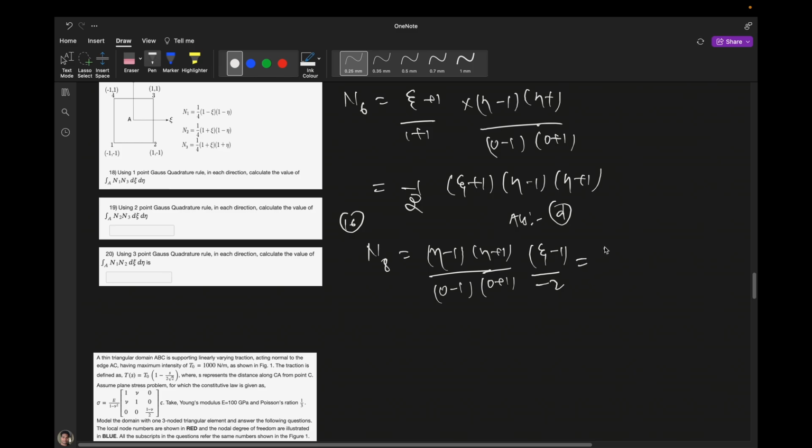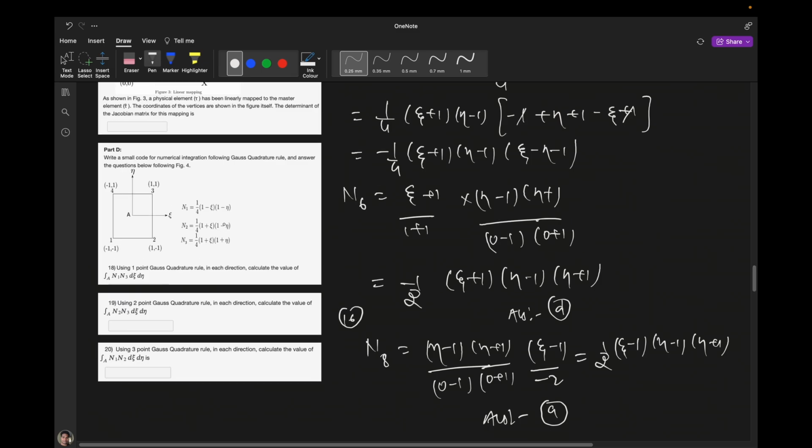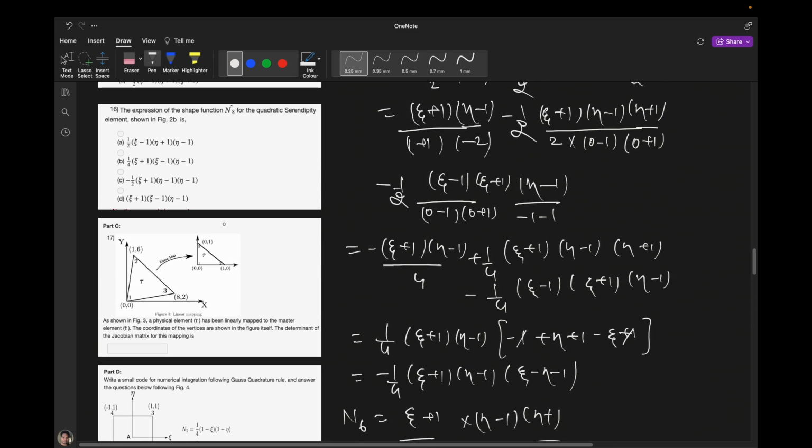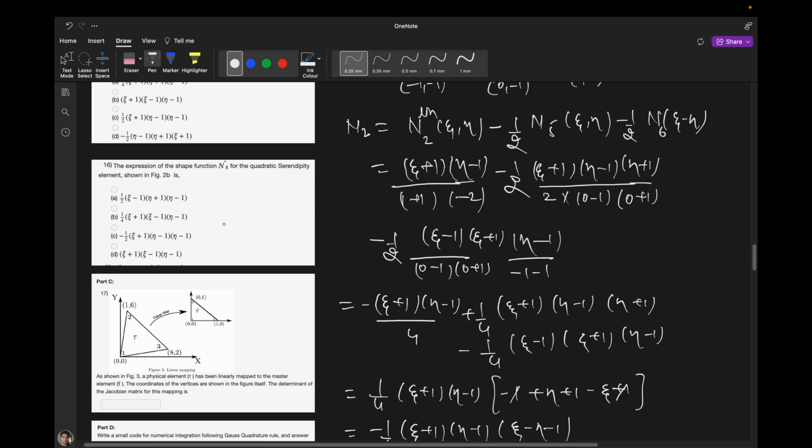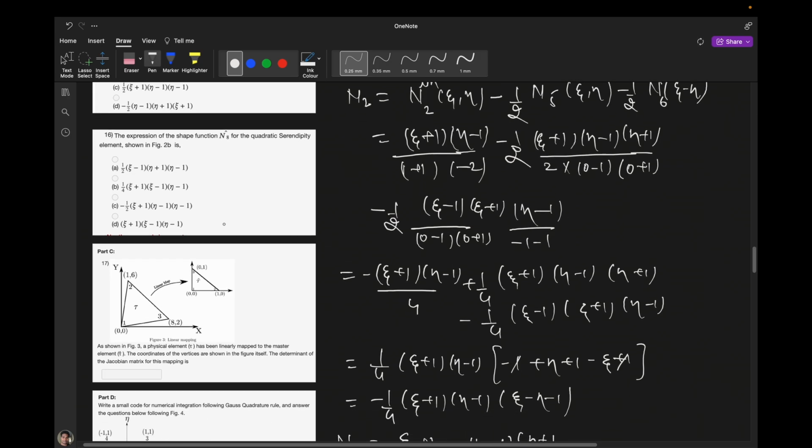So that will be 1 by 2 xi minus 1 eta minus 1 and eta plus 1, and for this the answer will be A. Okay, 16 is done. 17.